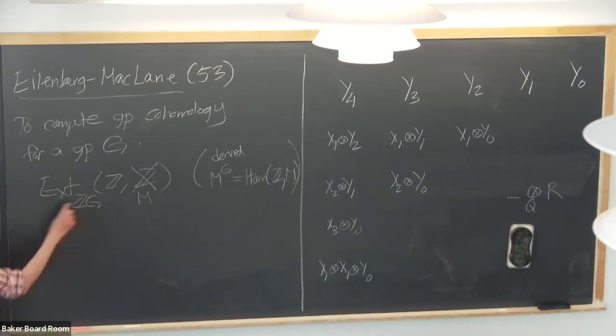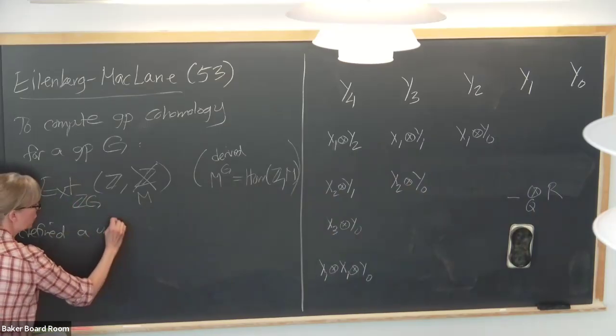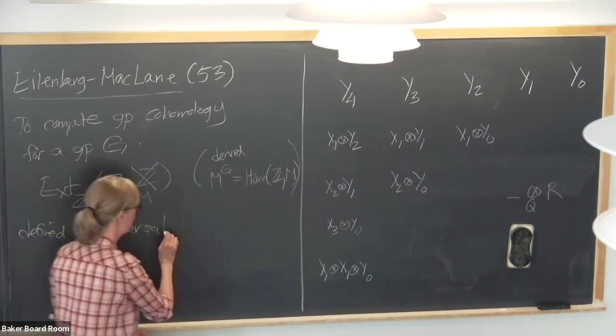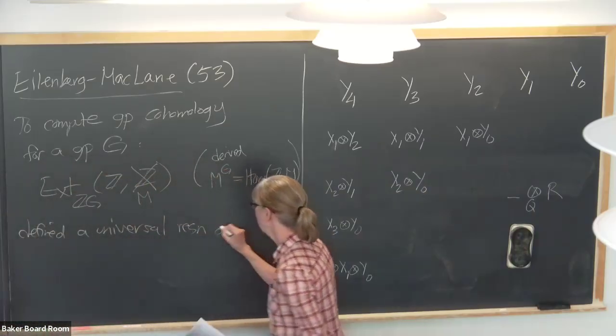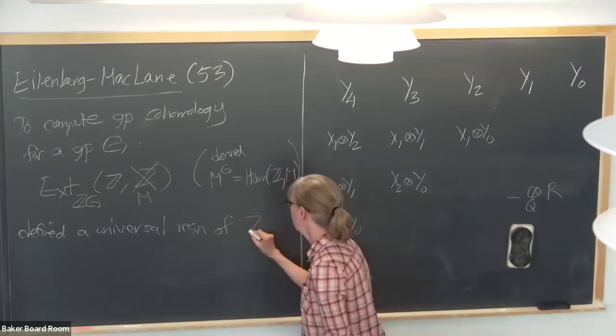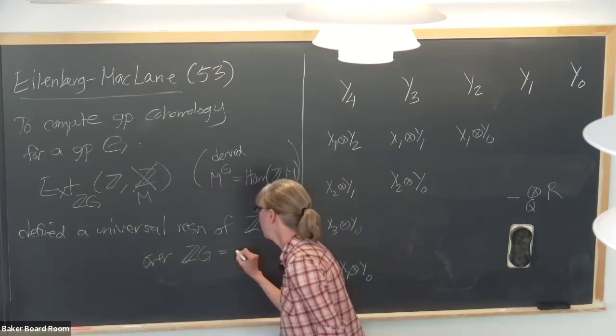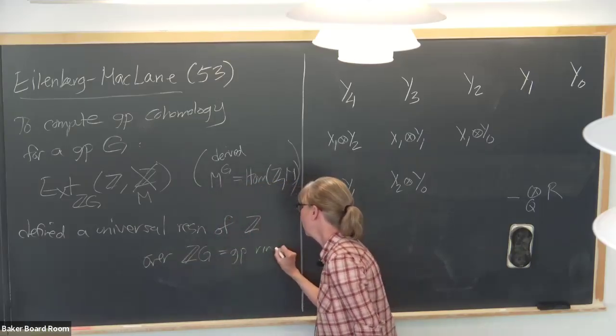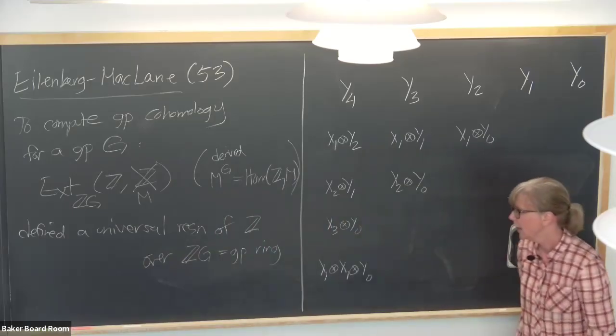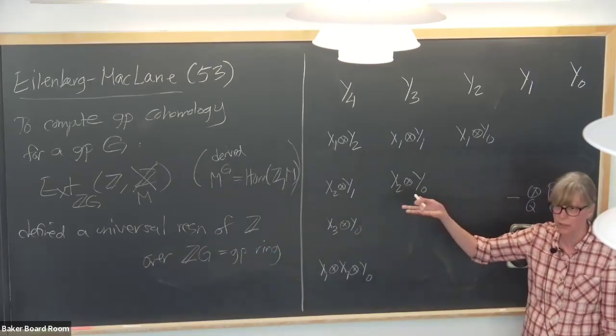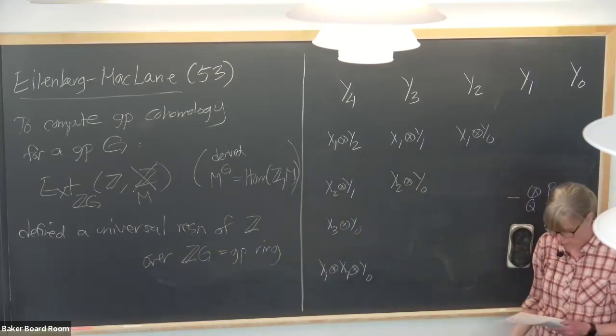And so in order to compute these, they defined a universal resolution, it didn't matter what the group was, a universal resolution of Z over ZG, which is the group ring of the group. And you could change the Z to fields or Z mod something, whatever you want.